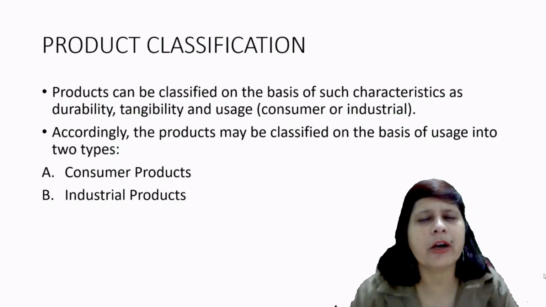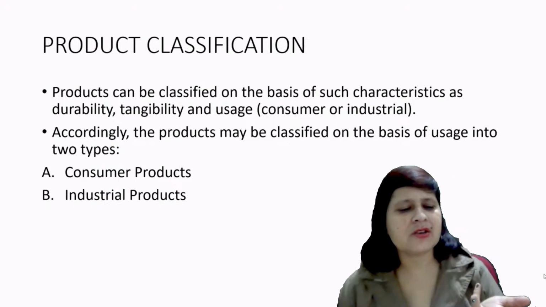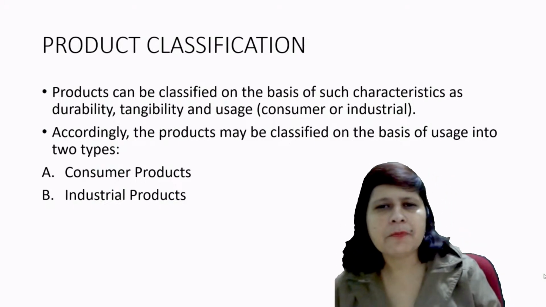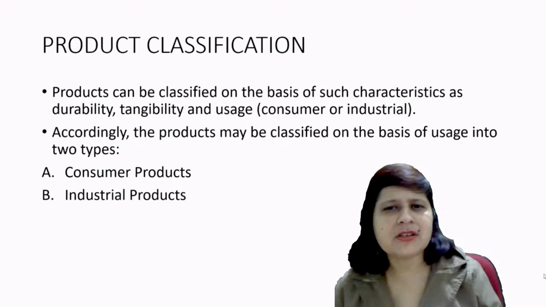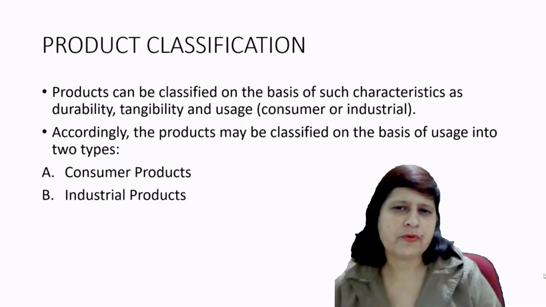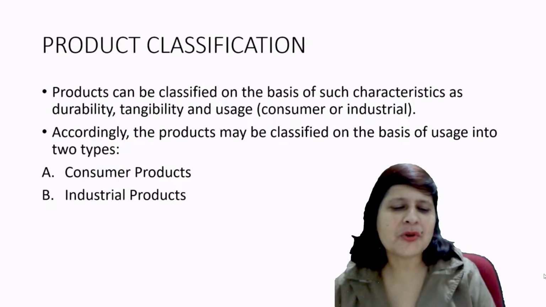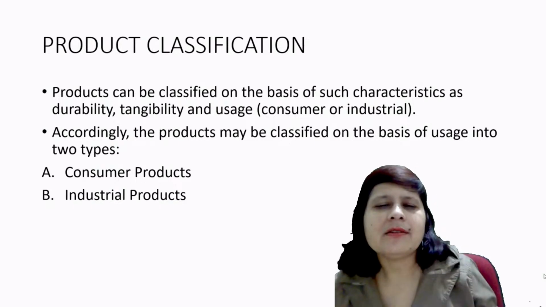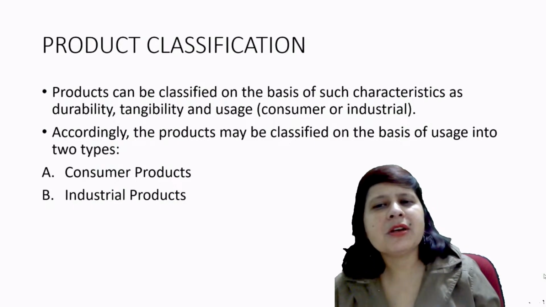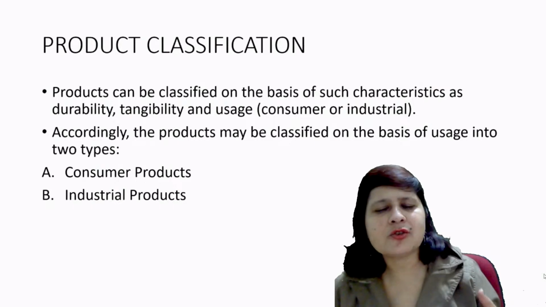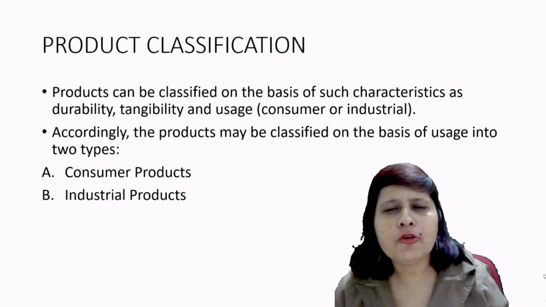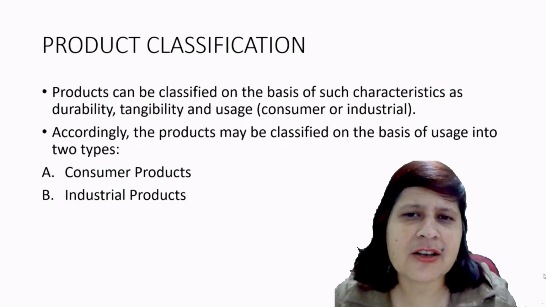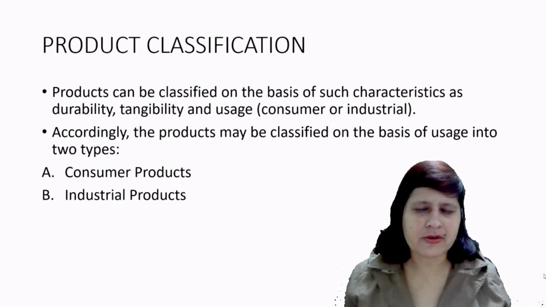On the basis of usage, I can divide the product into the consumer product. What is the consumer product? Which a consumer, the end user, purchases for personal use, for consumption of the product. That is known as the consumer product. And industrial products are those products which are used by a business to make a new product. Consumer products are like groceries.